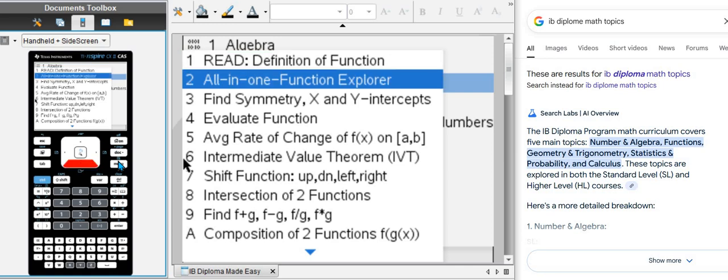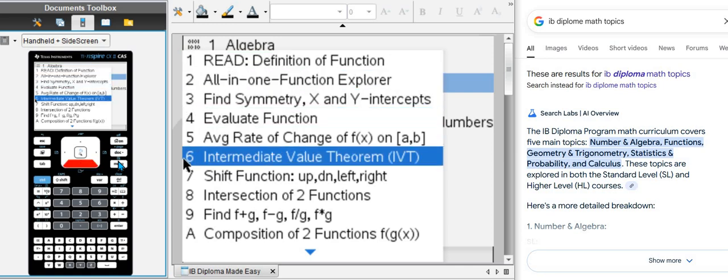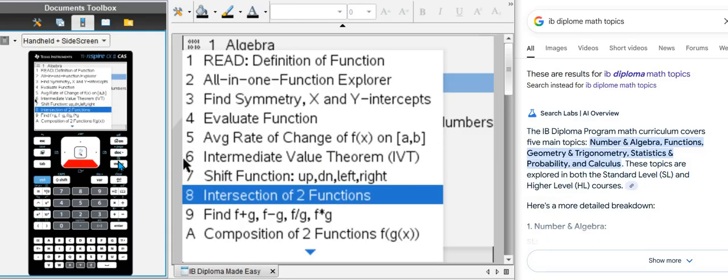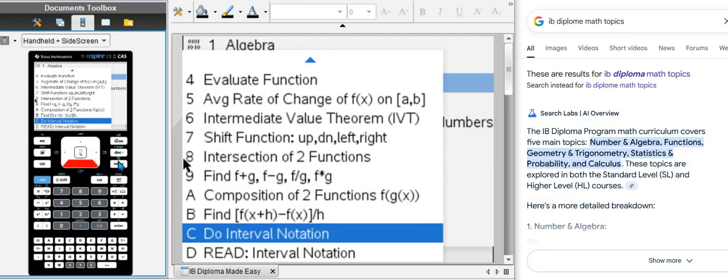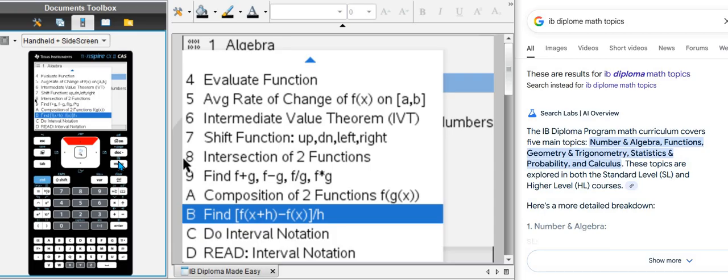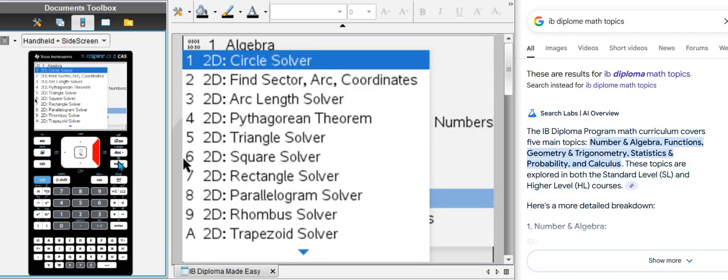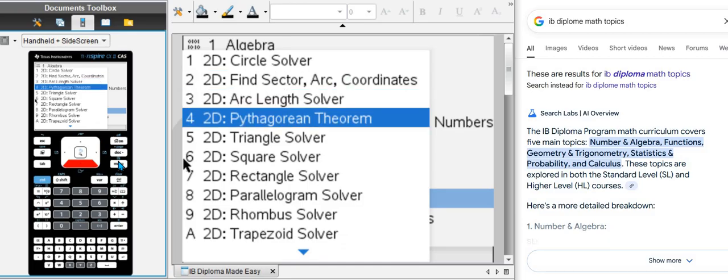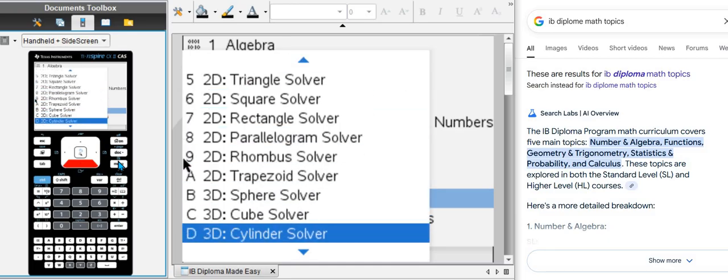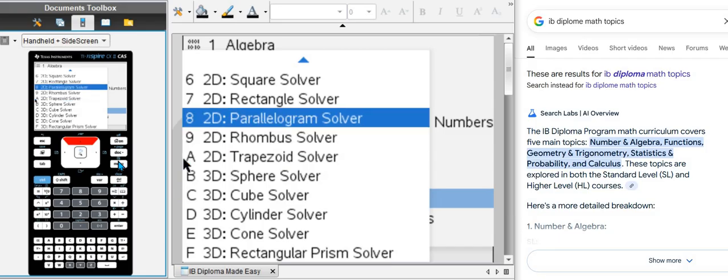Prominently, the Function Explorer can solve all function problems: shifting functions, intersection, composition, all of that you will be quizzed on. The geometry section can solve all the geometry problems in 2-dimensional and also 3-dimensional geometry.